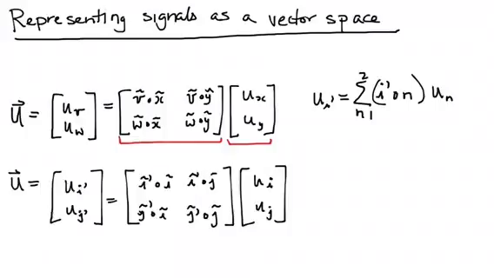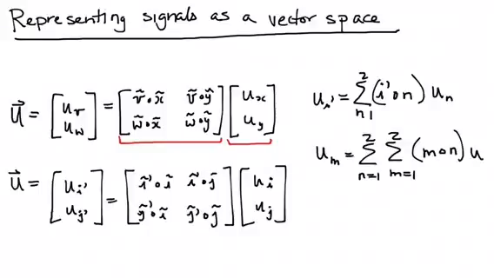We can take this even further and say that u m is equal to the sum over n from 1 to 2 of the sum over m from 1 to 2 of m dotted with n times u sub n.